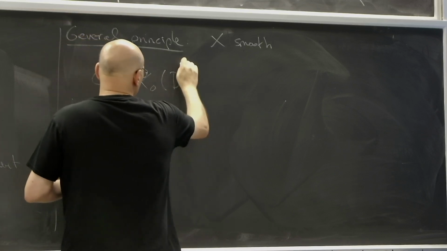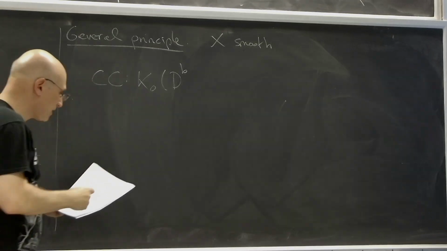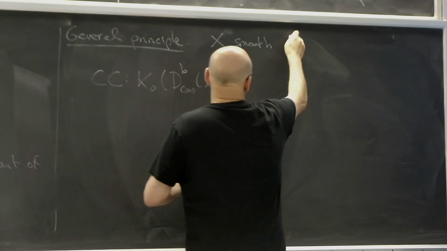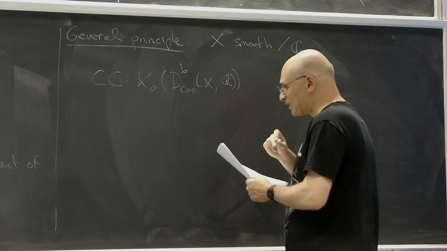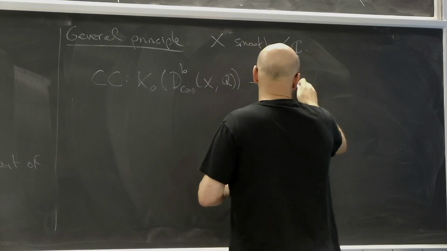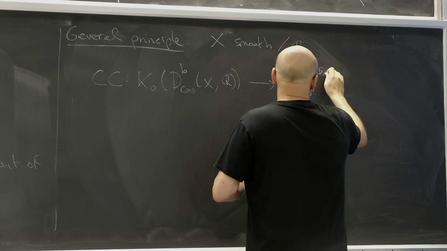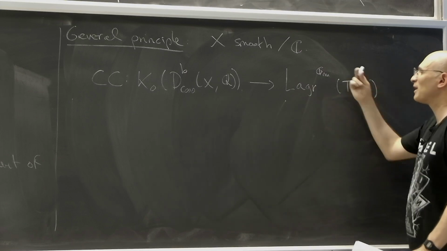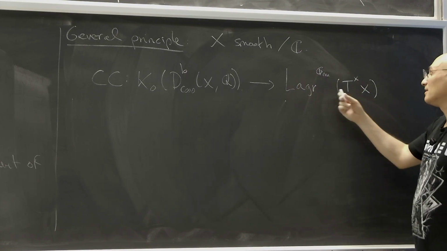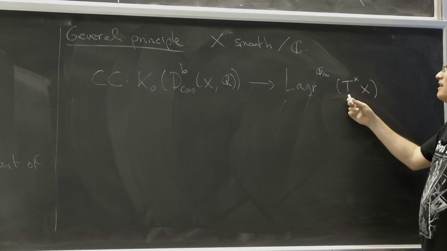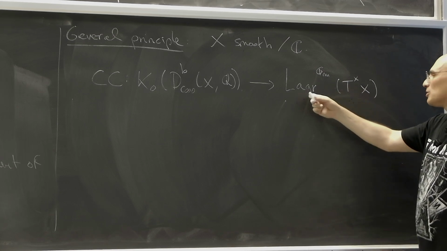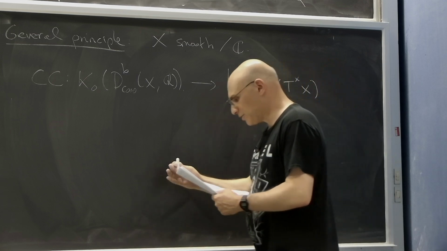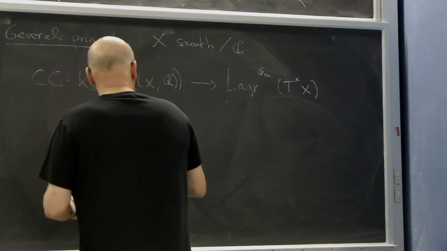So it goes from the Grothendieck group, the actual Grothendieck group, not the graded Grothendieck group, of constructible sheaves on X, say with Q coefficients, and X is smooth over C, to some cycles, Lagrangian G_m equivariant cycles on T star X. So this is some kind of direct limit of, say, Borel-Moore homology of Lagrangian cycles in T star of X, with limit over the inclusion. So let's just say Lagrangian cycles.